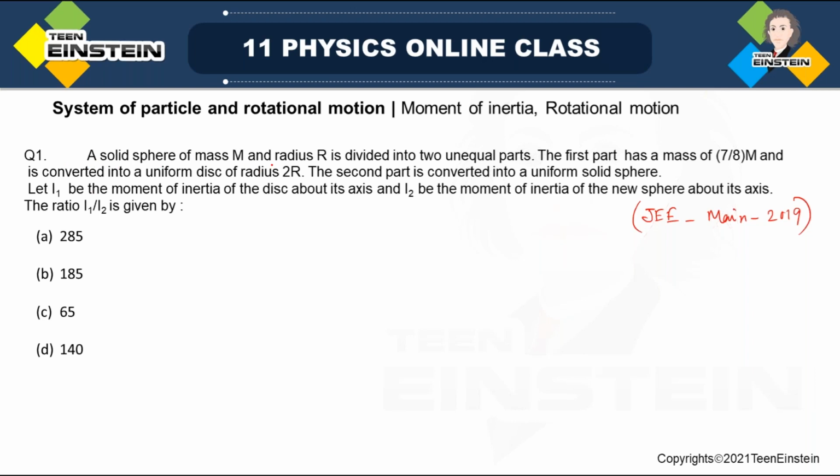A solid sphere of mass capital M and radius capital R is divided into two unequal parts. The first part has mass of 7 by 8 M and is converted into a uniform disk of radius 2R. The second part is converted into a uniform solid sphere.